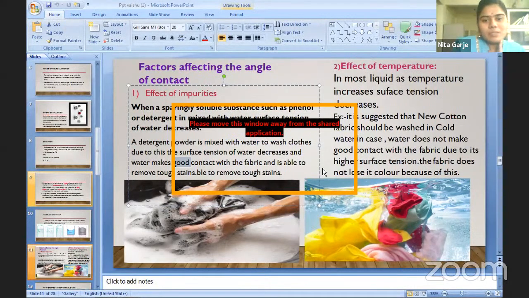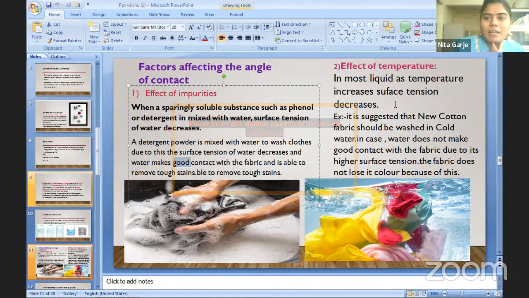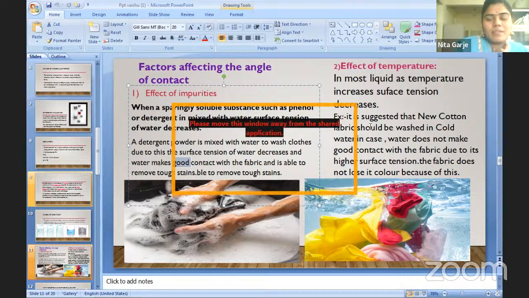The second one is temperature. For most liquids, as temperature increases, the surface tension decreases. If we have new cotton or new fabrics, it is suggested to wash with cold water, because it has a higher surface tension.